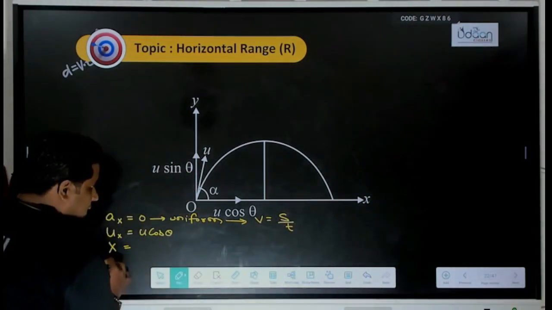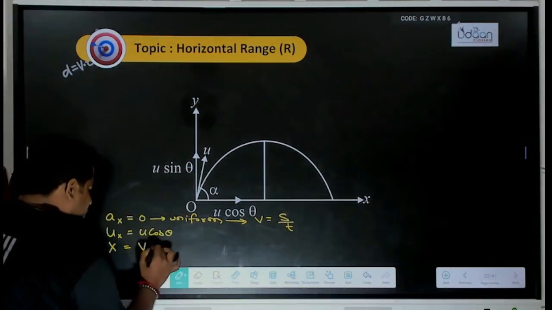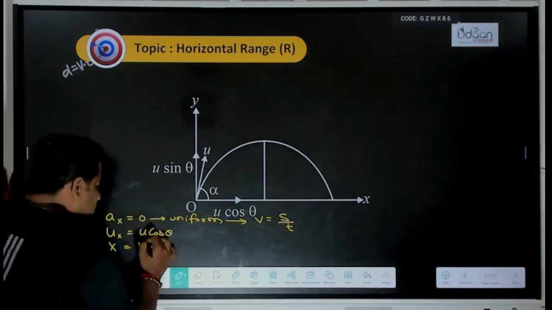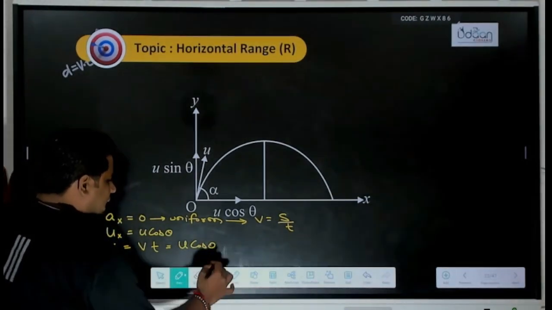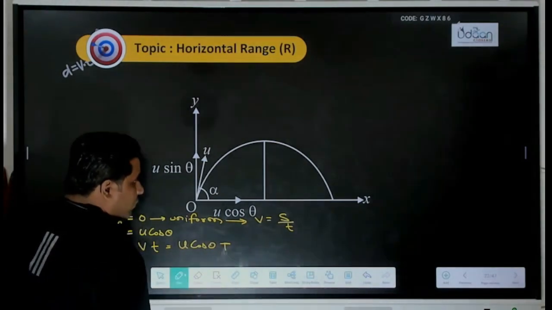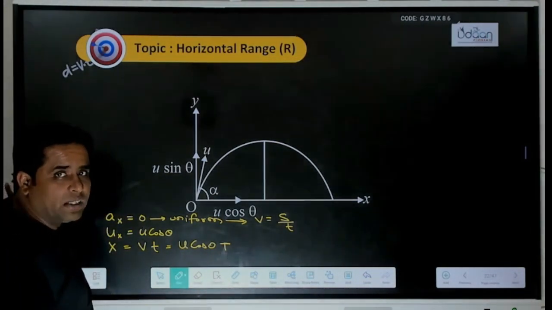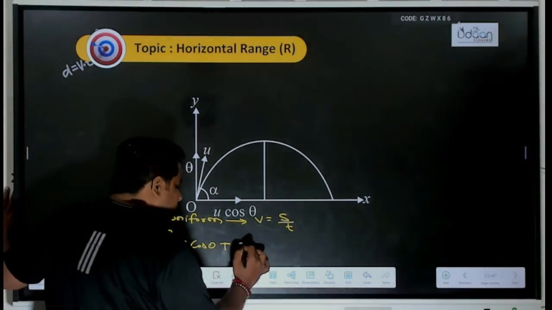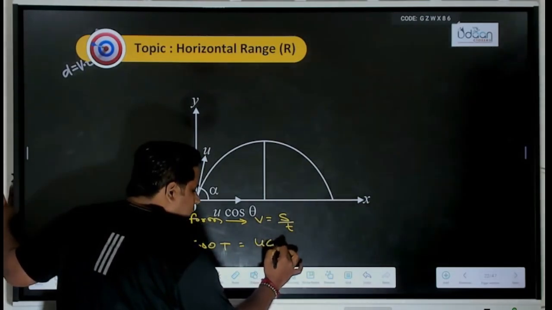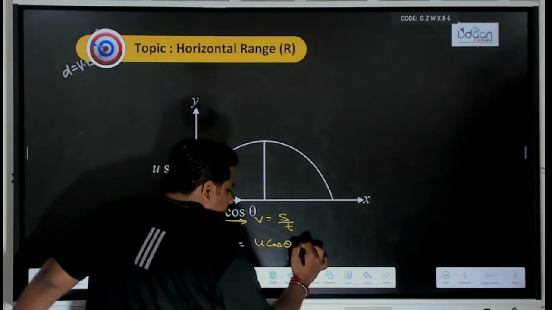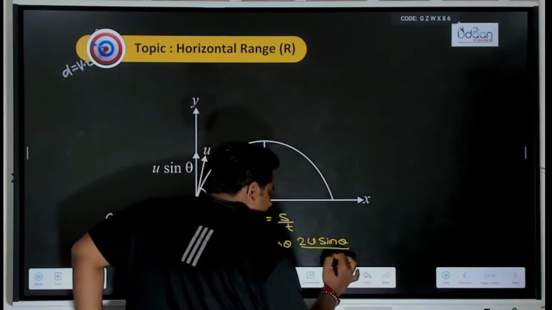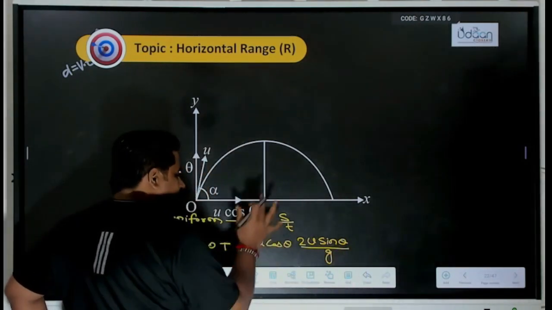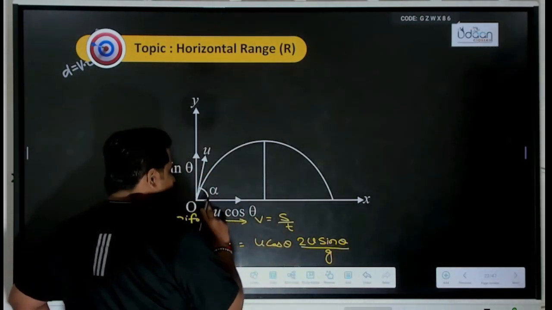So I can say displacement equals v into time. v is u cos theta, and time is the total time of flight. And what was the value of the total time of flight? It was 2u sin theta by g. So the range is u cos theta into 2u sin theta by g. Can we say u cos theta is ux?